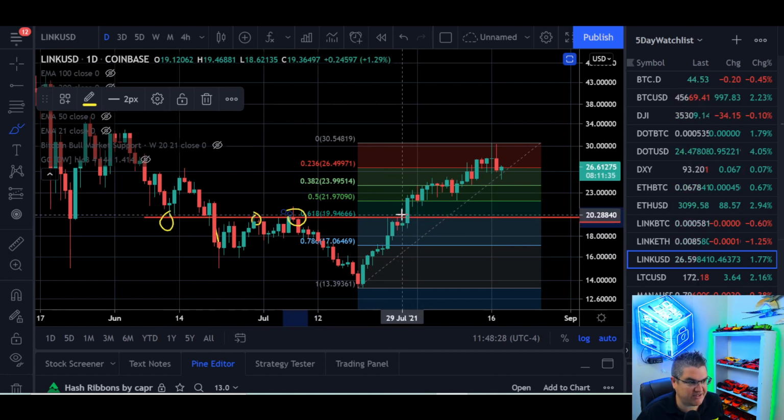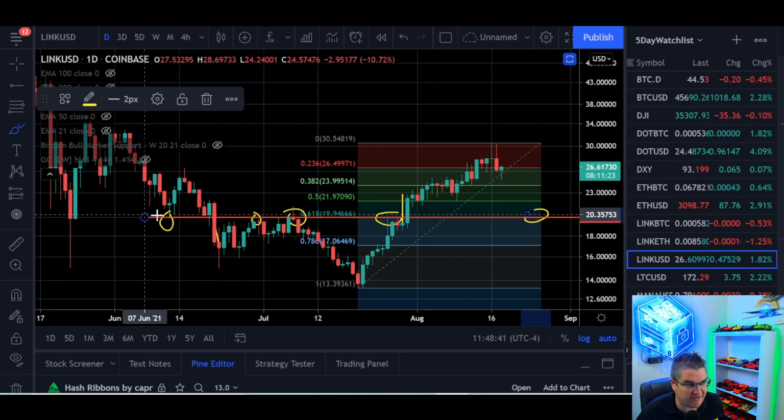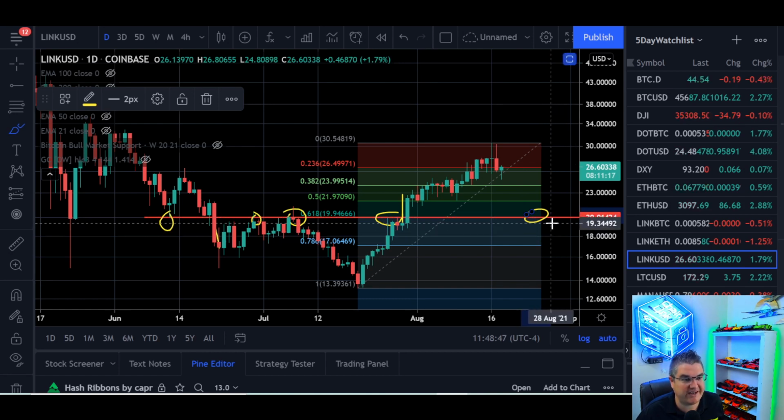Flip it again, resistance again right here. Break through it, come back, and it will often hold as support. So that would be the big level, right? You have your Fibonacci retracement at the same level as this key level, this key level, and this key level. We want to hold this again.